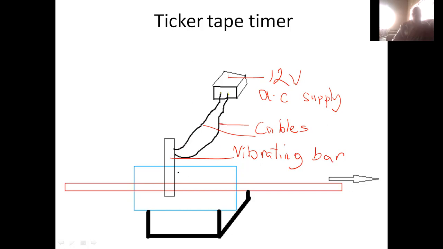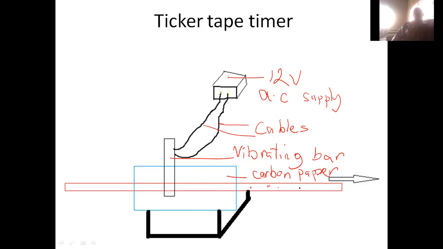And just below the vibrating bar, we have carbon paper. Carbon paper is merely there to make the dots.